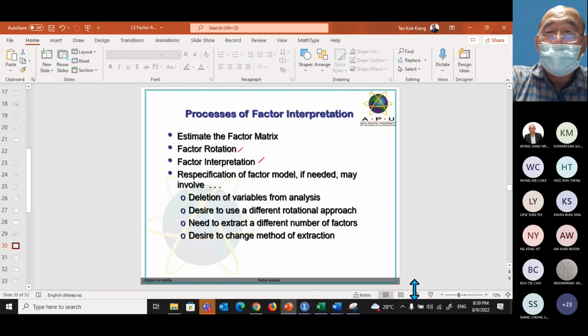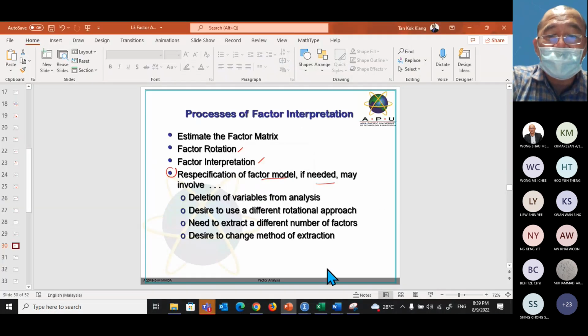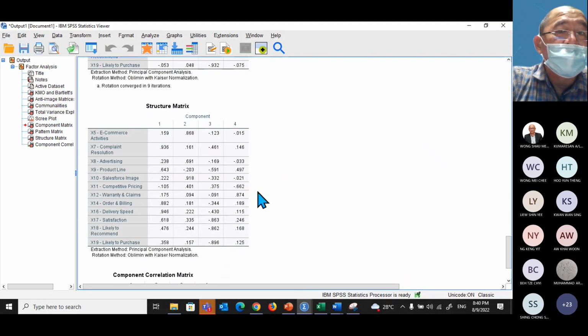Okay, we come back here. So that's the factor interpretation. Now, re-specification of the factor model if needed. For example, for your capstone, you may consider removing the communality below 0.6 as we discussed just now.